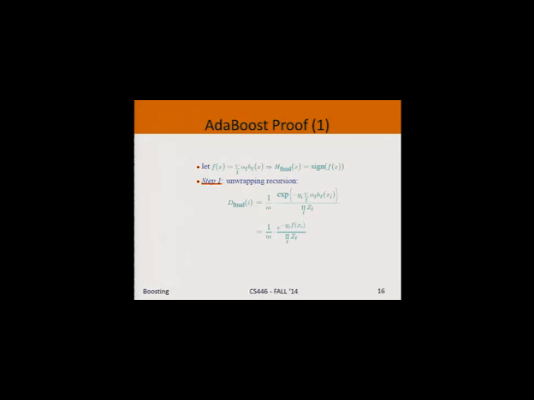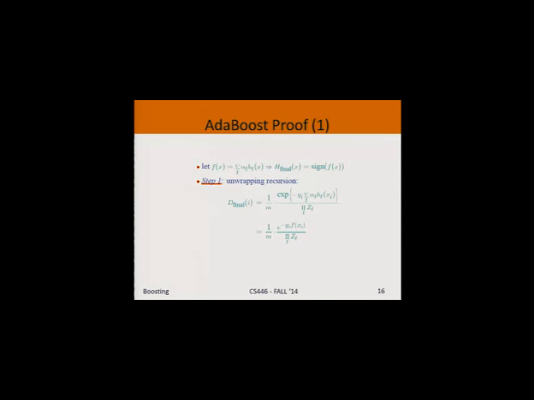and then because it's the product of e's to these powers, I can write it now as e to the sum over all t's of alpha t ht. This was the numerator. The denominator is just the product of all the normalization factors that I had over time. I'm going to denote this by e to the minus yi times f of i.